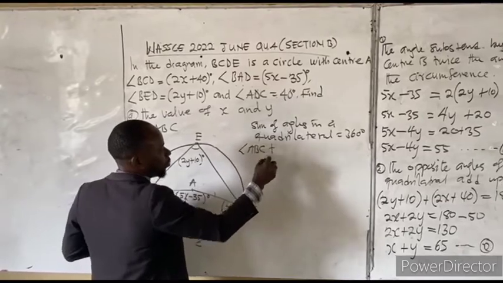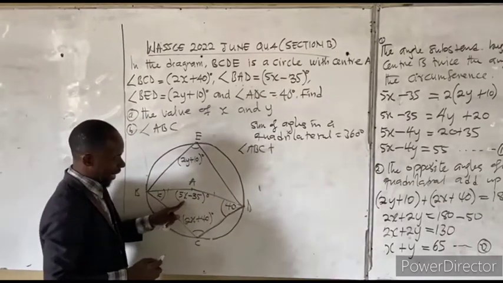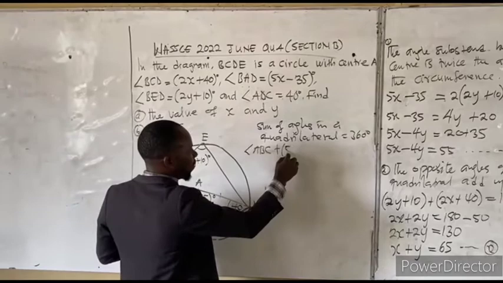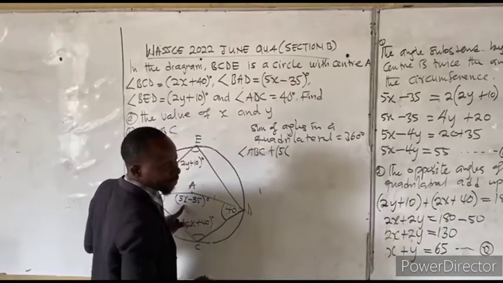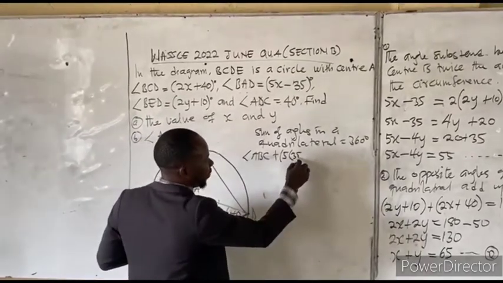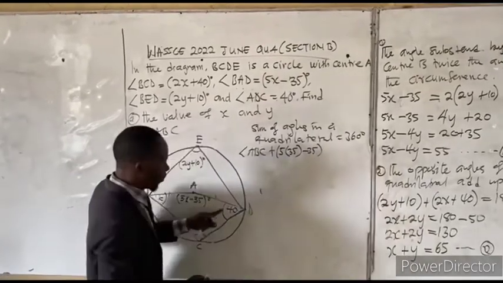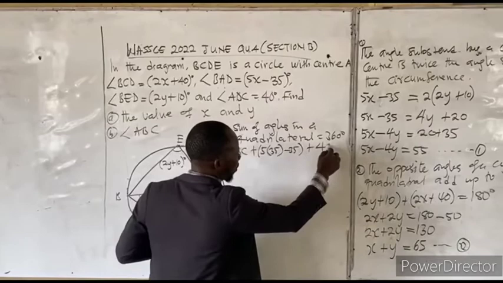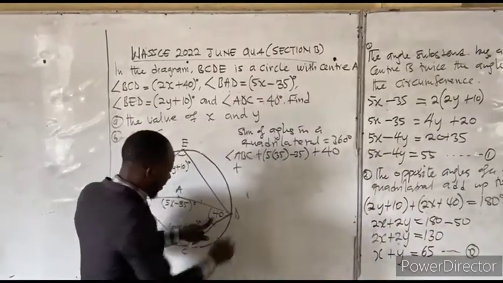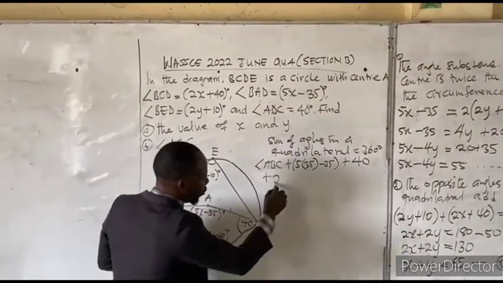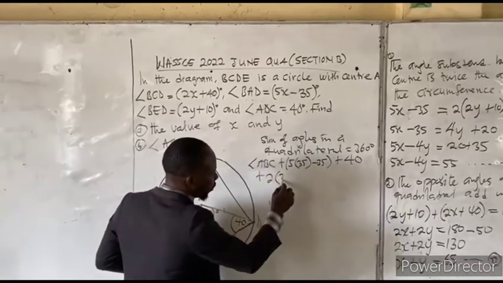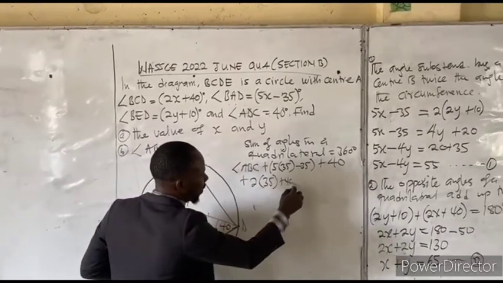So fast forward, I'm going to have my angle ABC plus the angle here, which is going to be 5 times x, which my x is what? 35 minus 35, plus the angle here as what? 40, plus the fourth one, which will be 2x, which is also 35 plus 40.